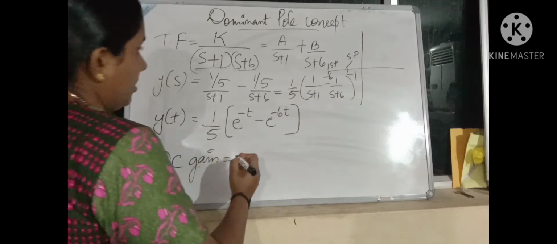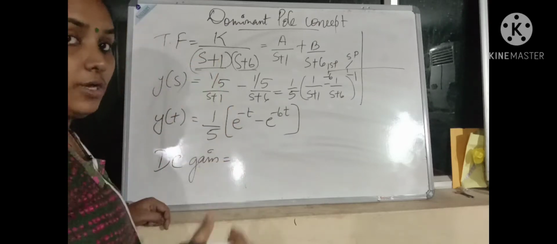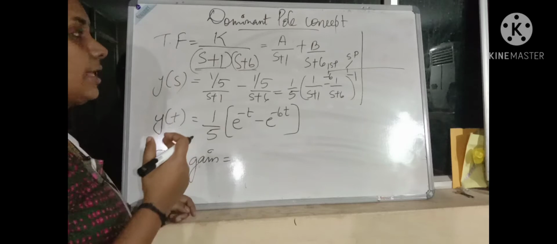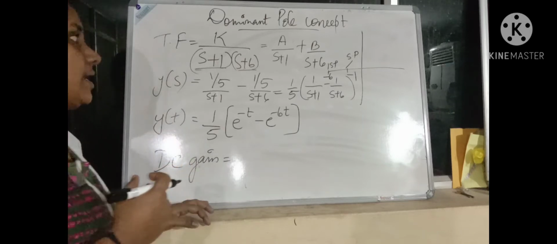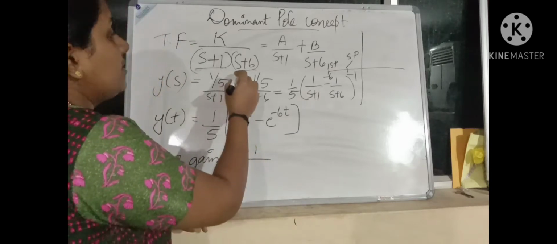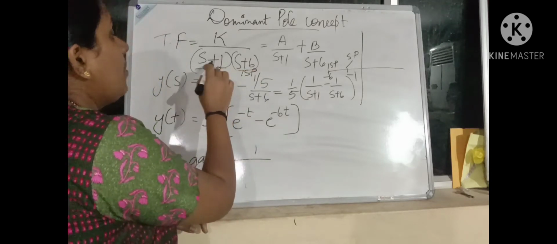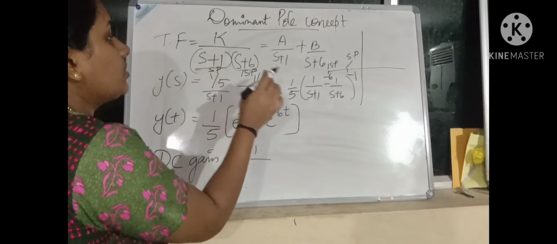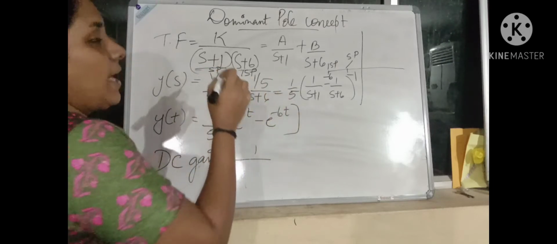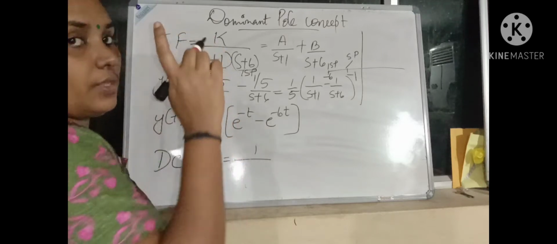Here, from this transfer function, k will be constant, so the k value we can write as k equal to 1. Eliminate the significant pole, because minus 1 is closer to the origin than minus 6. So this is the significant pole.